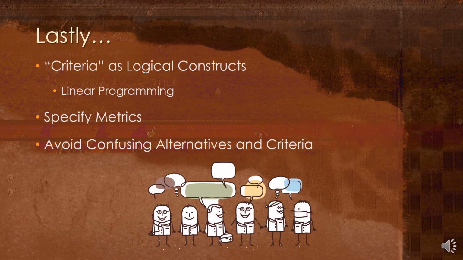And then lastly, just a couple of points to wrap up step 4. We're looking at criteria as logical constructs. When we're looking at criteria, we're making sure our principal objective is being maximized. What do I mean by that? Basically, our problem is being identified and addressed in the best way, at most maximized.